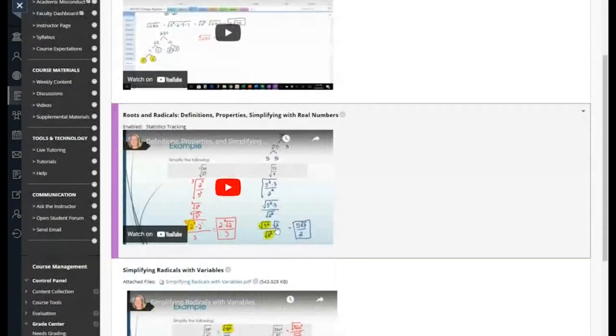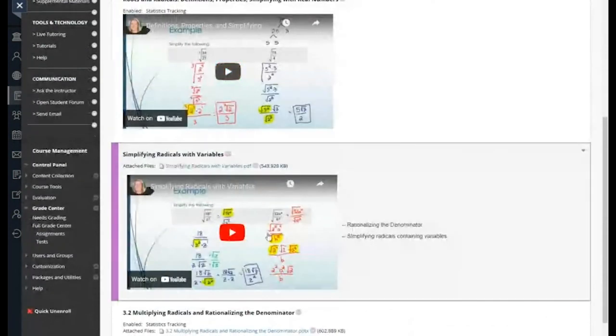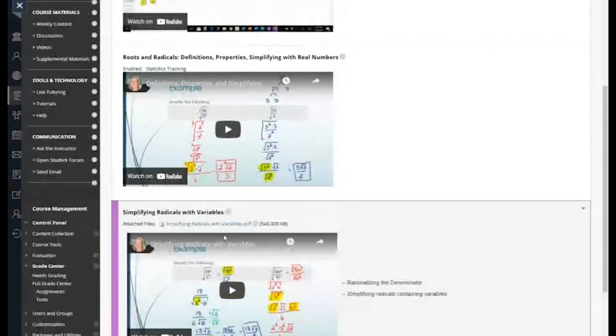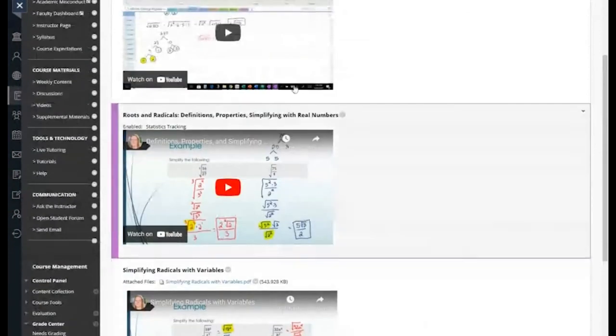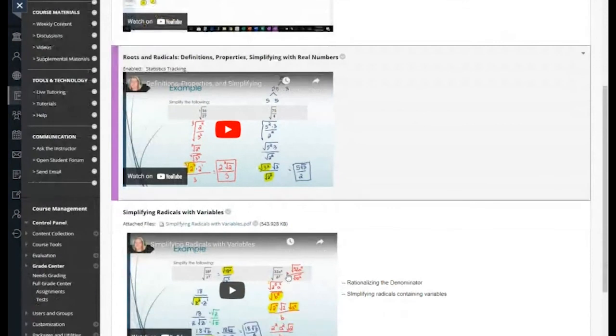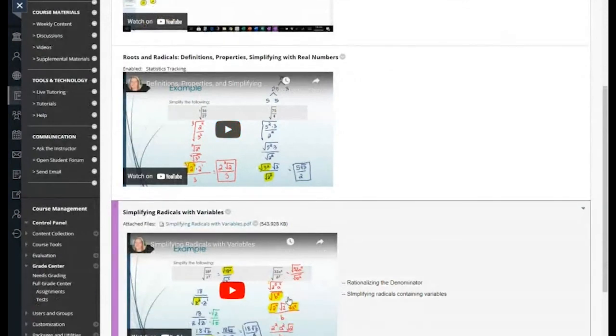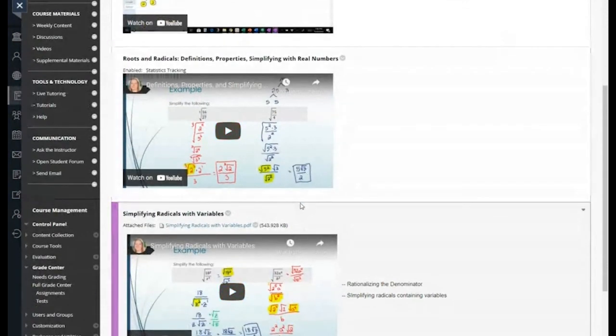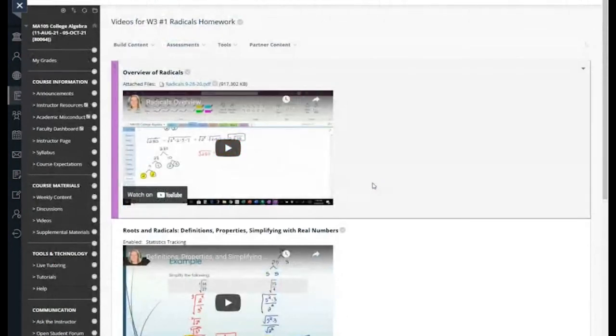This one also focuses on numbers only, showing how it gets simplified. This one's throwing in variables. So these three videos are going to be very helpful for what comes next. You can just do this one, I think this one covers both. Then this one is just numbers, and this one is things with variables. These are splitting it up, and this one is all of them at once.